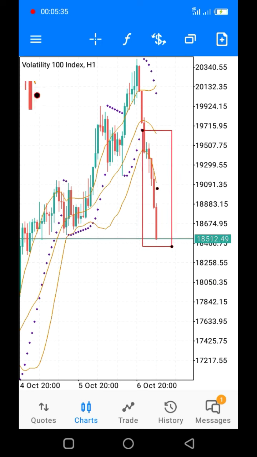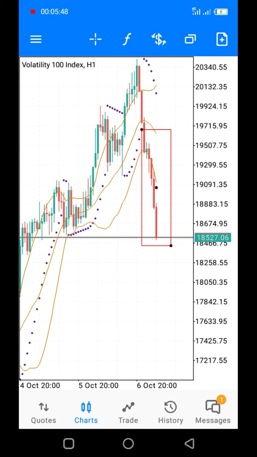So I told you that you generate your signal on higher time frame and take your entry on what? On lower time frame. I said in the previous clips that you can combine 1 hour time frame and 5 minutes time frame, meaning that you generate your signal on 1 hour time frame and take your entry on 5 minutes time frame, or you generate your signal on 4 hours time frame and take your entry on 15 minutes time frame, or you generate your signal on a day time frame and take your entry on 15 minutes time frame.